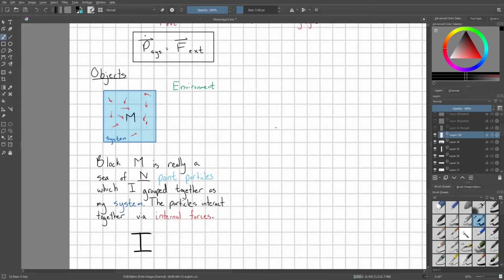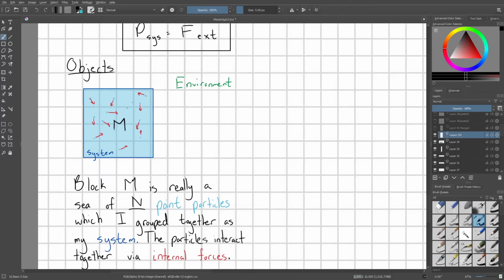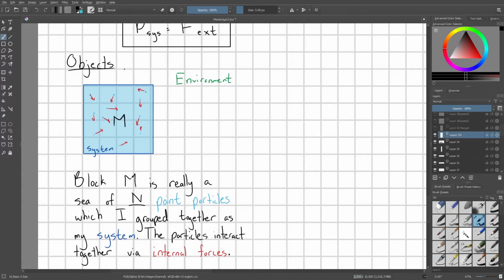So the next thing that I want to conclude this video with is to talk a little bit about objects and show what this set of videos said about objects. So let's say that I have a block with mass capital M. What we're really saying is that that block is just a sea of point particles, right?